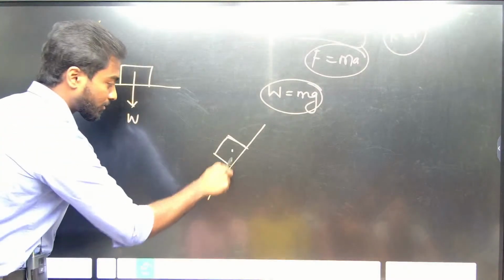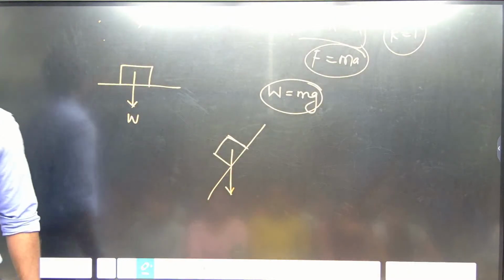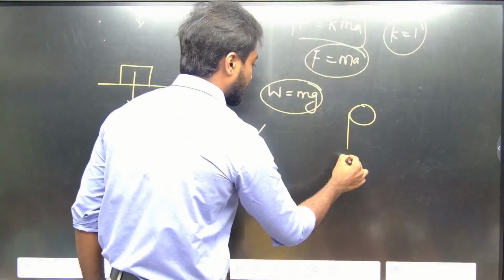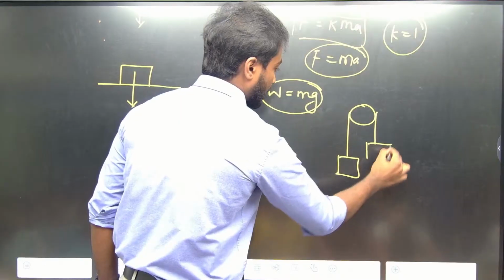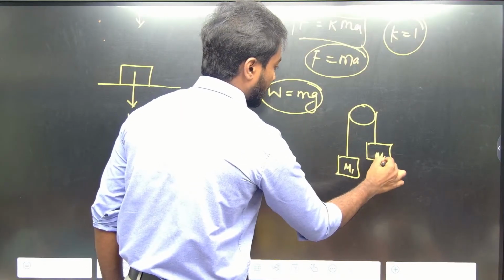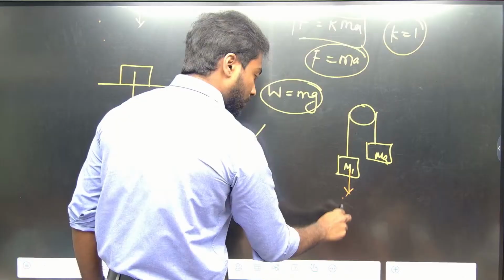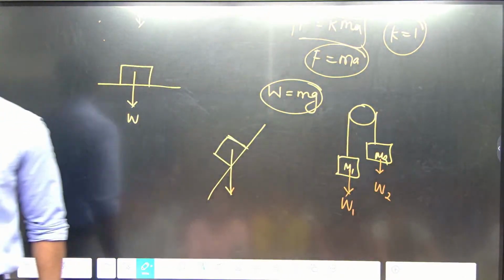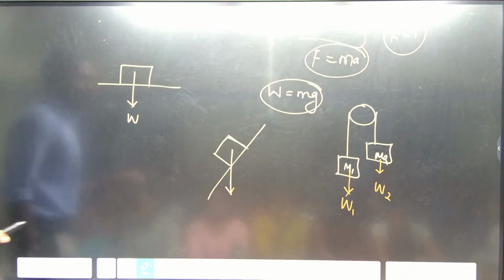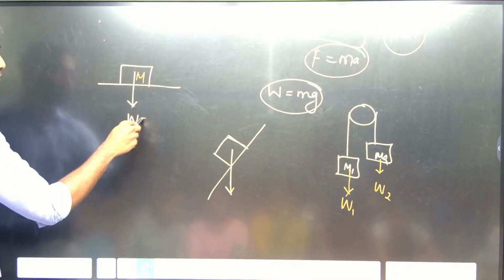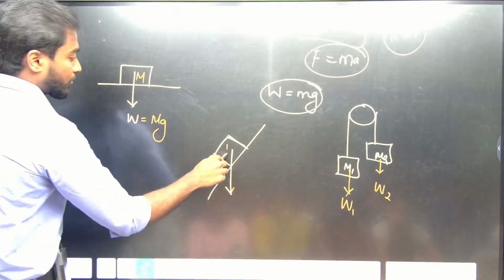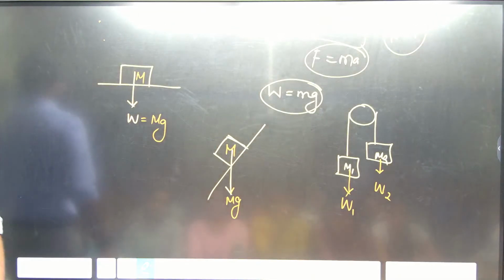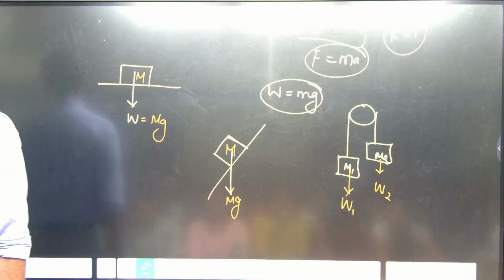It will be downwards. If there was a pulley, there is a block M1 and block M2, so this is W1 and this is W2. Here if it is m, it should be mg. Getting the points? Understood now?